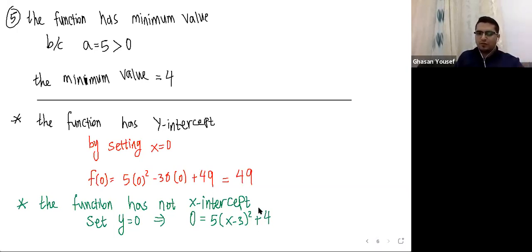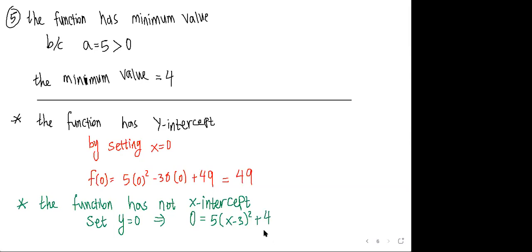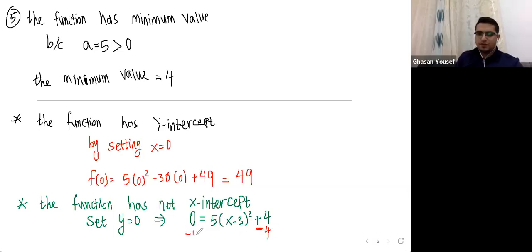First of all, we have to remove the 4 here. How can we move it to the other side? Minus 4 on both sides. Exactly, minus 4 on both sides. What am I going to get here? Minus 4 equals 5 times (x minus 3) squared. Now I need to remove the 5.